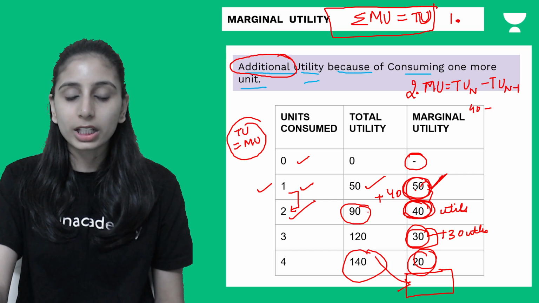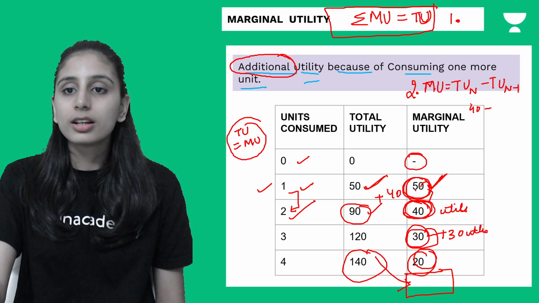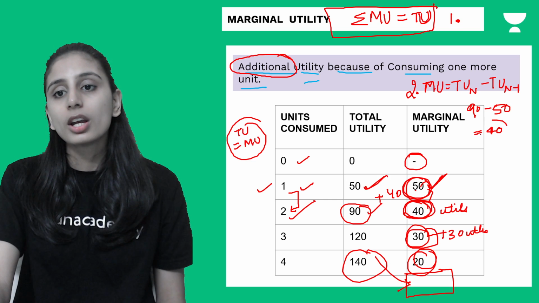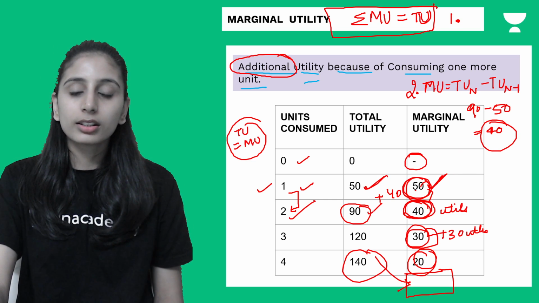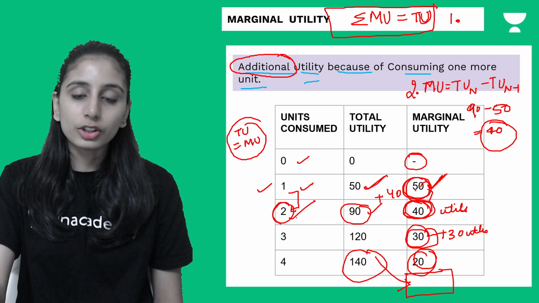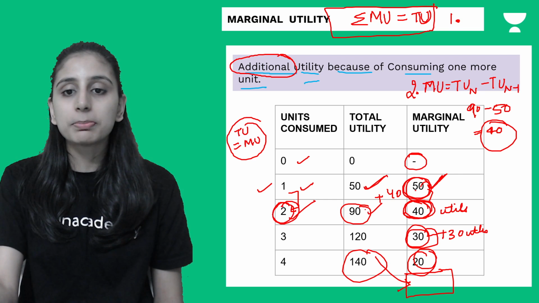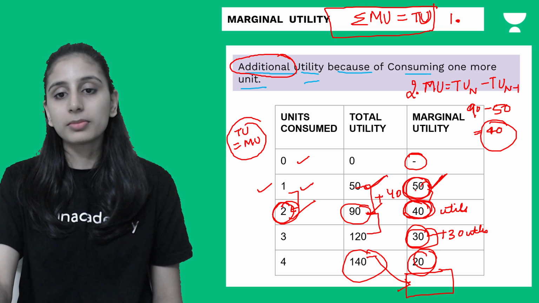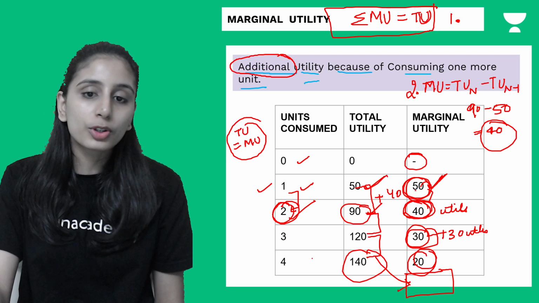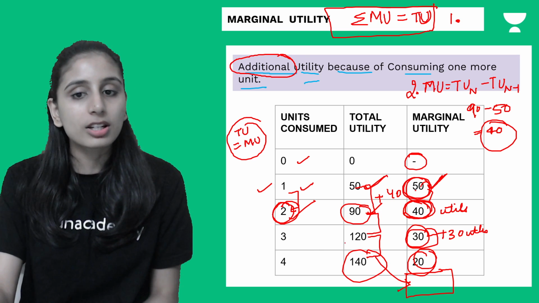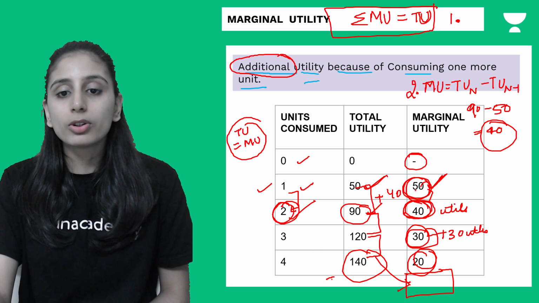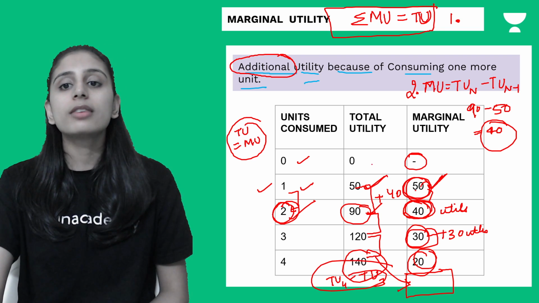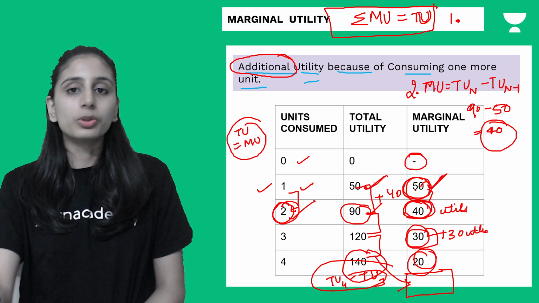So 90 minus 50, we'll get MU, which is 40. तो यहाँ से अगर हमें सेकंड यूनिट पे मार्जिनल यूटिलिटी चाहिए, तो हम सिंपली सेकंड से फर्स्ट माइनस करें. इट इज सिंपल फ्रॉम टेबल. जो अगर फोर्थ यूनिट पे हमें चाहिए कितनी सेटिस्फैक्शन एडिशनल मिली है, तो हम सिंपली TU at 4 माइनस TU at 3 कर देंगे. दिस इज द सेकंड फॉर्मूला इम्पॉर्टेंट ऑफ मार्जिनल यूटिलिटी.